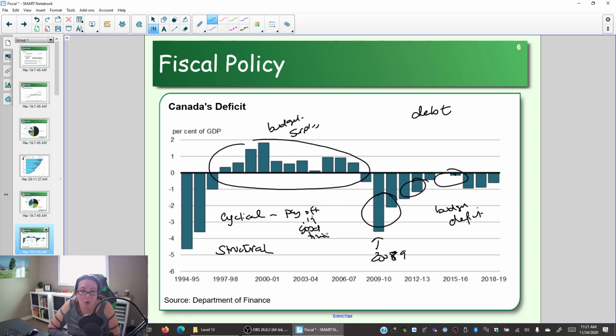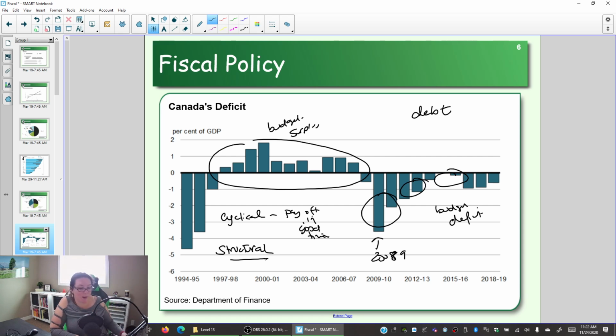If so, you have cyclical debt. If, though, when the economy is doing well, when that income goes up and that tax revenue is coming in, if you continue to have a budget deficit, so we then just keep accruing more and more debt, you then have structural debt. So structural debt is when you accumulate more debt in the good times and the bad times.